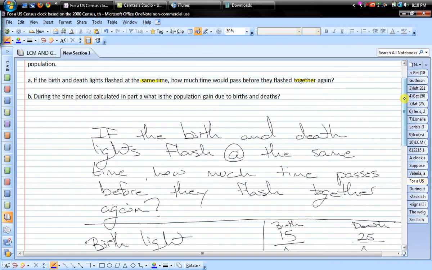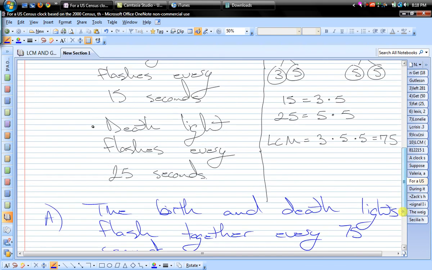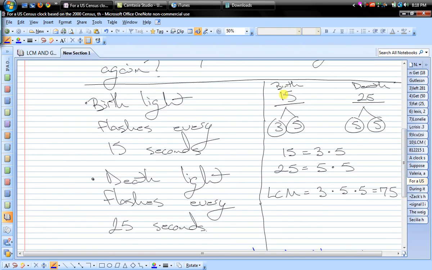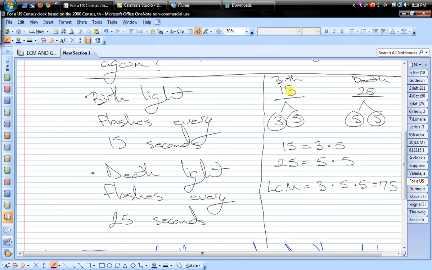Part B asks us, during that time period calculated in part A, what's the population gain due to births and deaths? Well, we find that through a simple matter of division. The birth light flashes every 15 seconds. The death light flashes every 25 seconds. We want to know how many groups of 15 are in 75 and how many groups of 25 are in 75 as well.